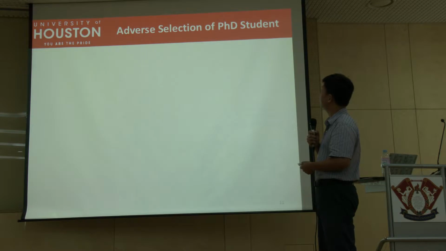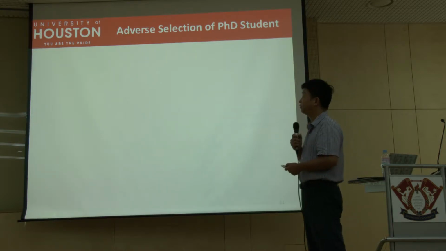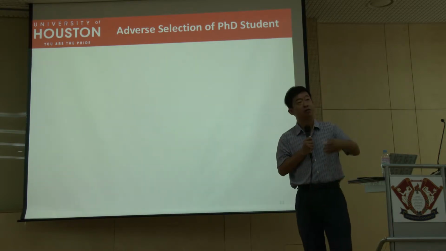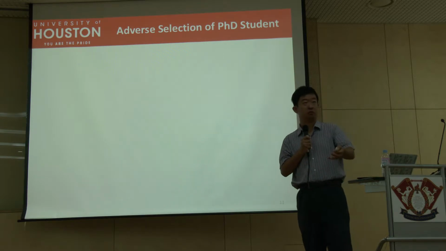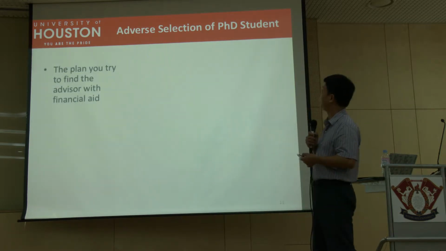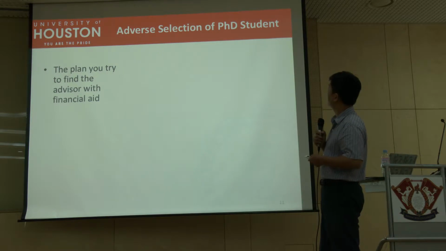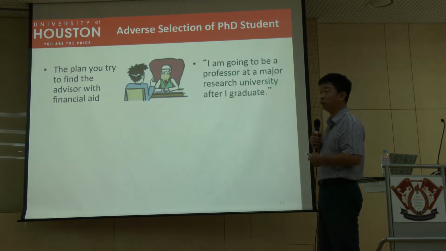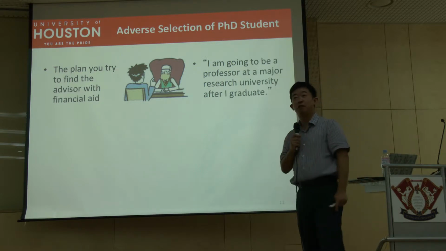So what is adverse selection? Adverse selection is before employment, before I hire you, when I want to hire people. Before I hire you, I don't know your information. For example, when I try to hire you, what is your plan?